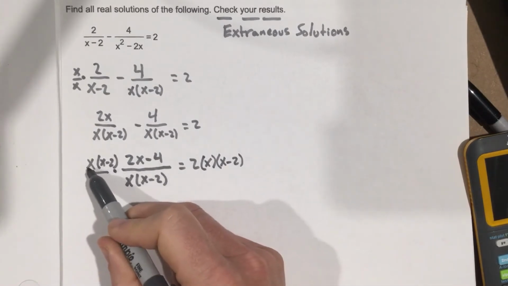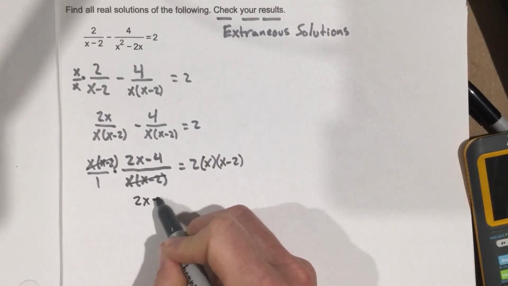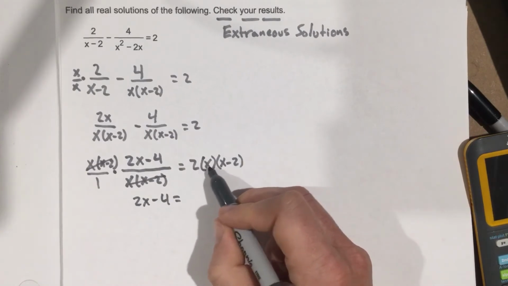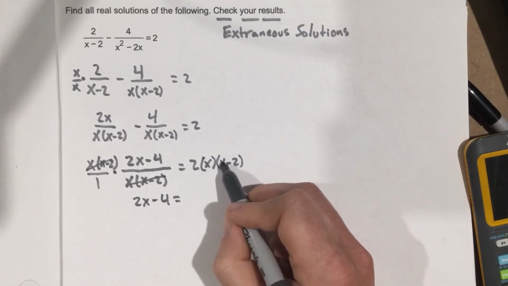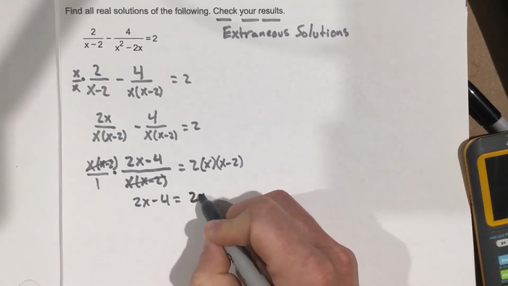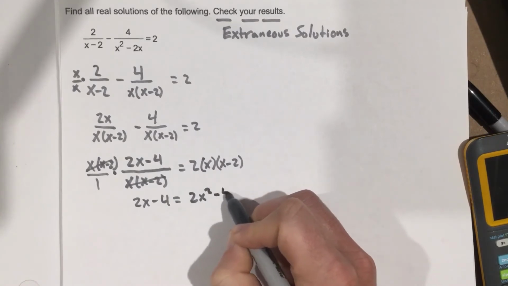You'll notice that this is going to cancel our denominator, leaving us with 2x minus 4 equals, on this side, I'm going to end up with 2x, and then I need to distribute to the x and the negative 2. So that's 2x squared, and then 2x times negative 2 is minus 4x.